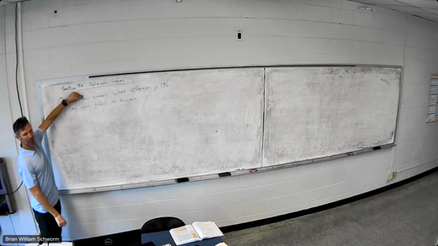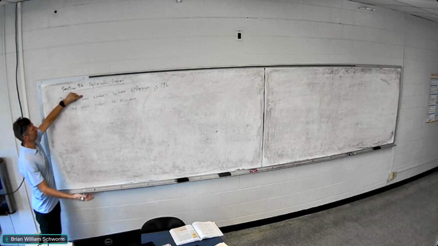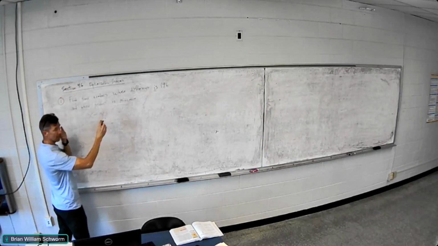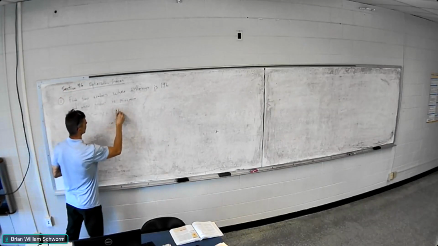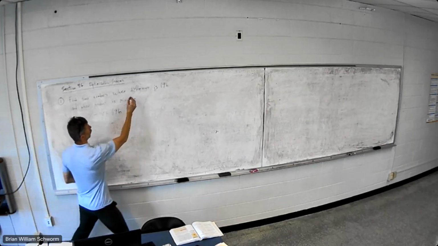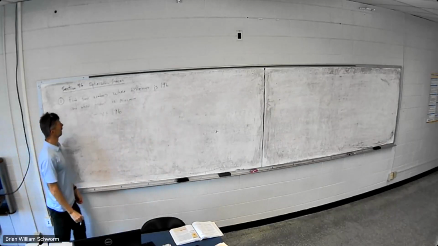If I try to take what they're saying there and write it down in terms of mathematical equations, they're saying two numbers whose difference is 196. So there's two numbers we don't know, x and y. But if I subtract them, it's 196. So that's what they're saying right here. Whose difference is 196.